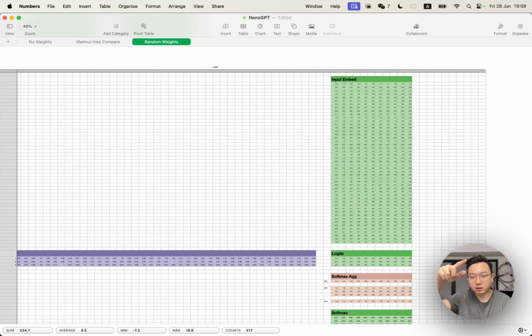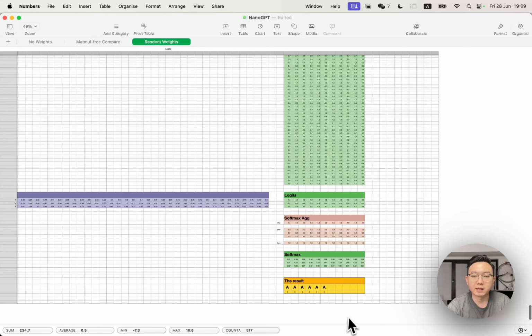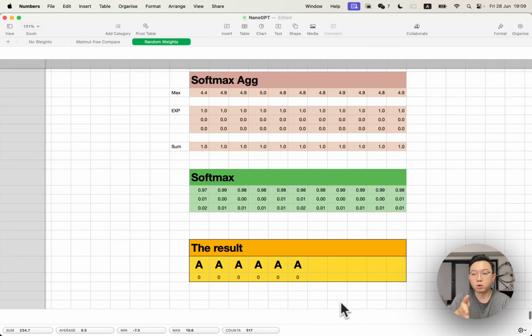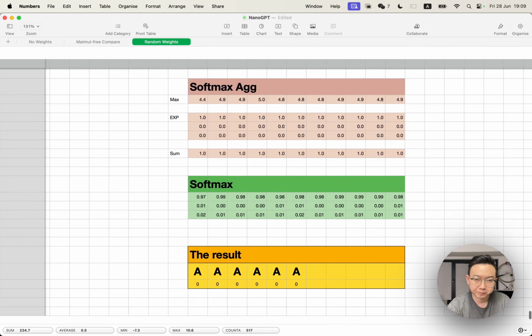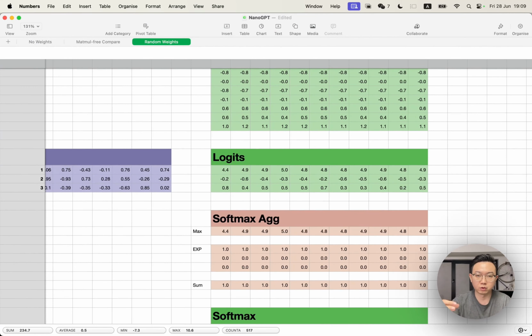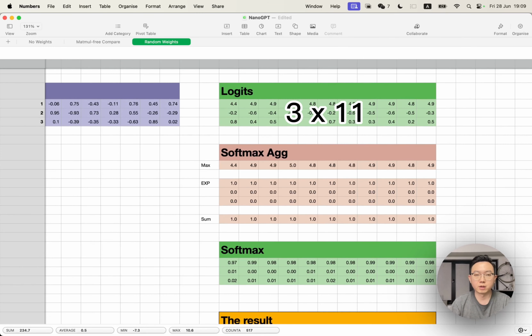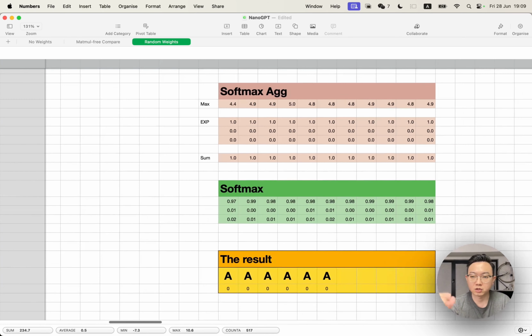We don't want a shape that's this big. We want a shape that helps us determine the end result. So this calculation for logits is transforming that shape into a 3x11 matrix. And this also goes through a softmax process so that it becomes numbers that we can actually use to determine which one has more weight.